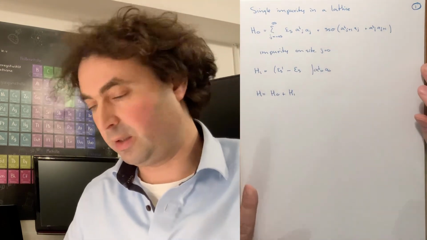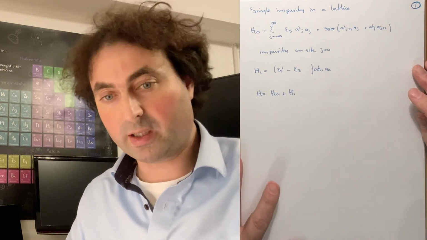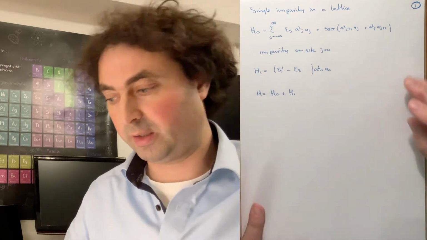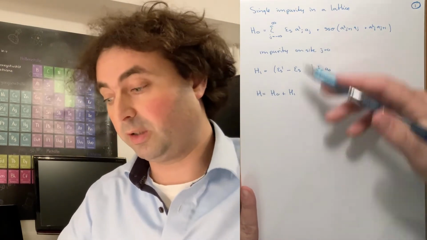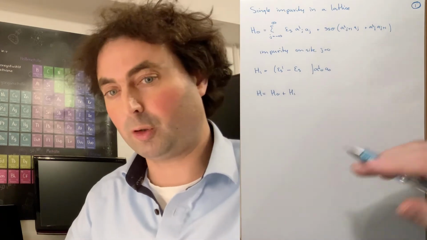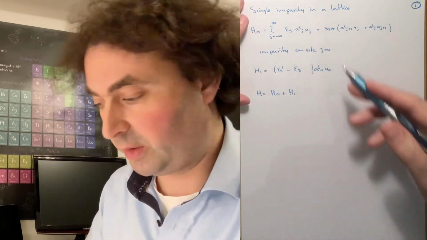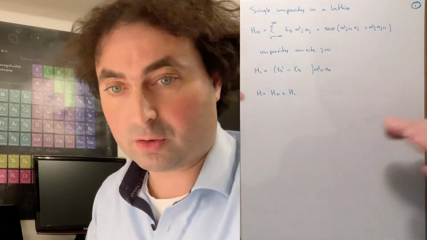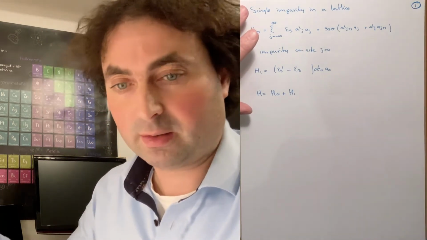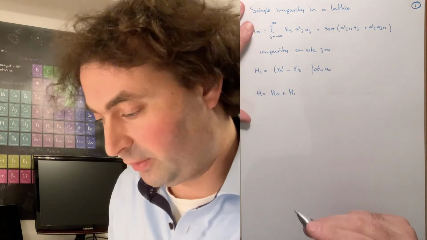H0 we can easily diagonalize with the use of a Fourier transform, which allows us to calculate all the Green's functions because we know the eigenenergies in k-space, and we can just sum 1 over omega minus epsilon k for the Green's function in k-space, and then sum it with e to the i k r for the Green's function in real space.